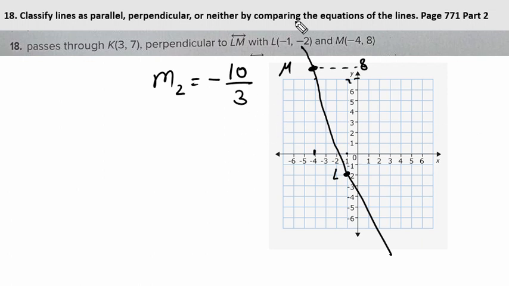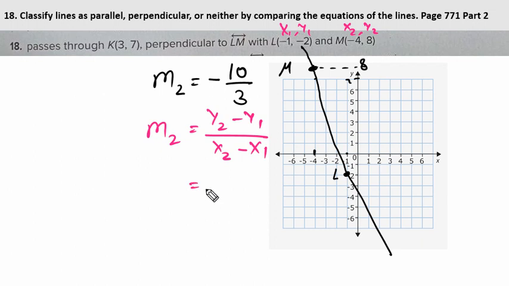If you don't believe me, you can use the formula once again, with x1, y1, x2, y2. In the exam, if you do it both ways, both will be correct. But if you write the formula and also use this method, you will improve your chances of getting full marks.